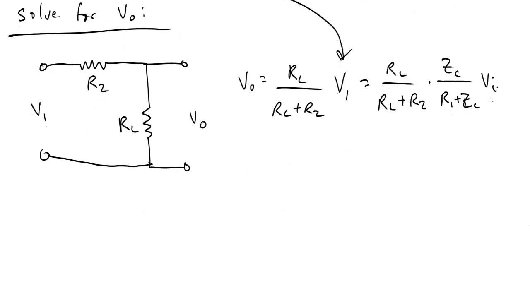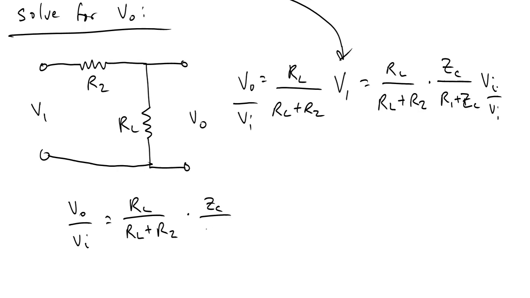Let's divide by VI on both sides. And what do we have? We have VO over VI equal to RL over RL plus R2 times ZC over R1 plus ZC.